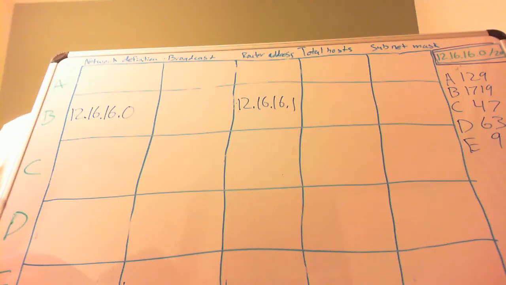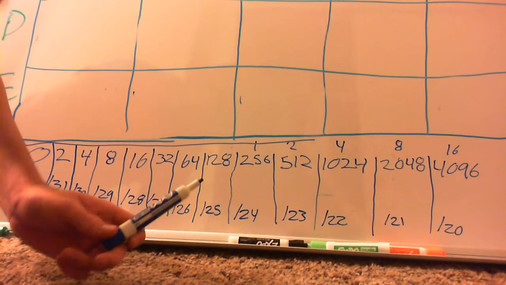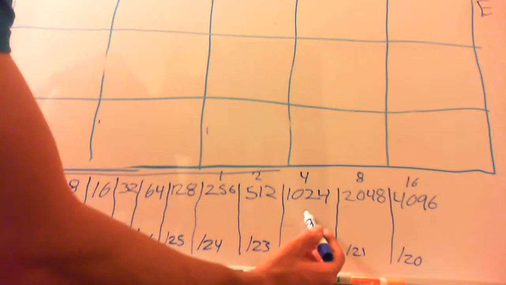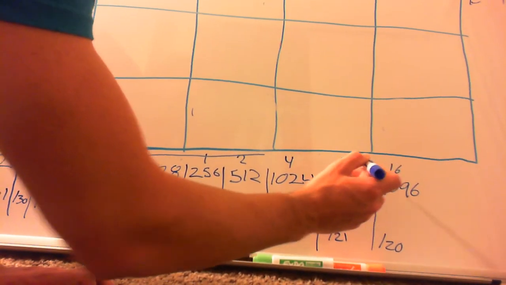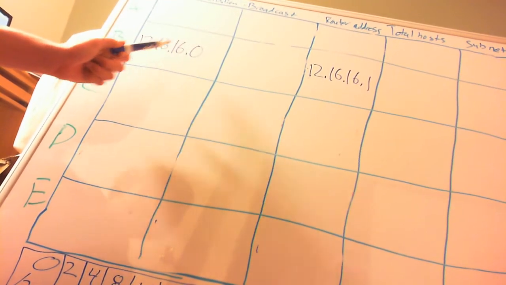The next thing we need to do is look at this little chart we have made. So 1719 doesn't fit in this, so it has to go here, which happens to be 8 class C's. So we add 8 to this number right here to get our broadcast.